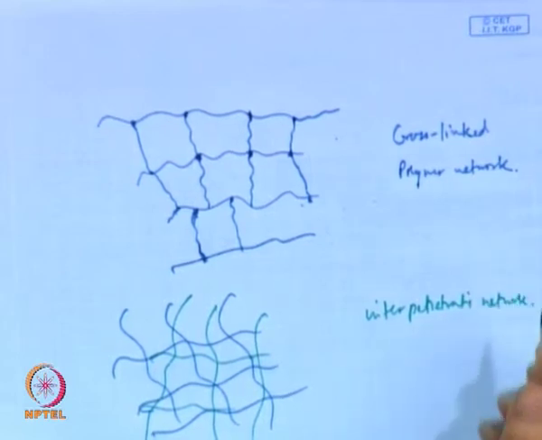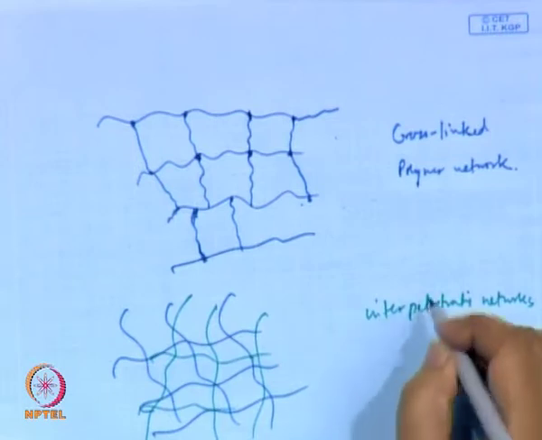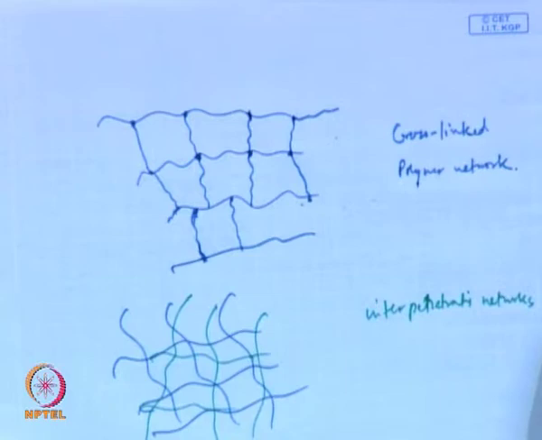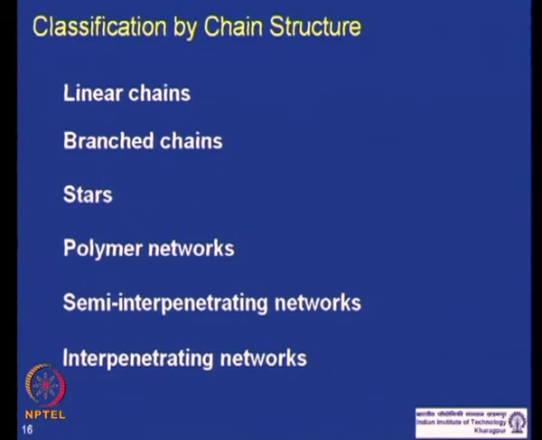In another case you can have one network along with long chain linear polymers. In that case, we call that system a semi interpenetrating network, where one of the constituents is a linear chain polymer and another one is a network polymer. And when two or more networks are intertwined with each other, then we call it an interpenetrating network.